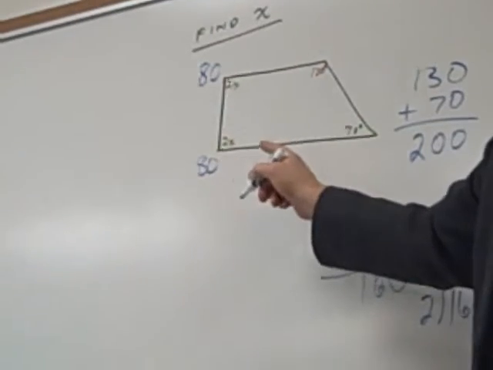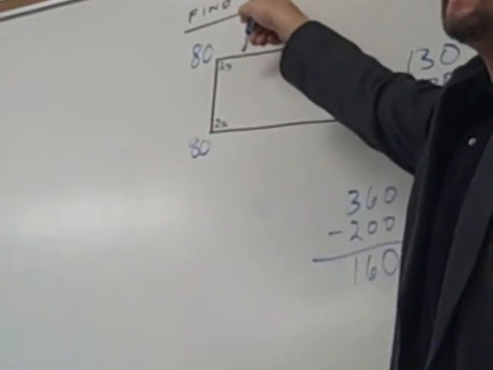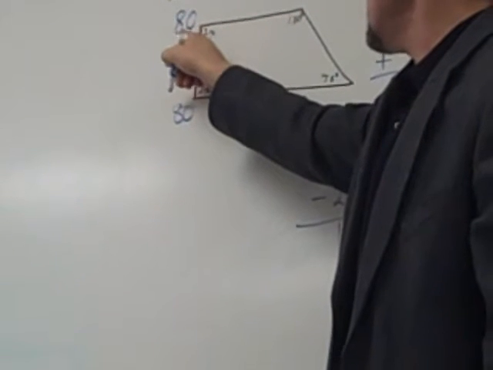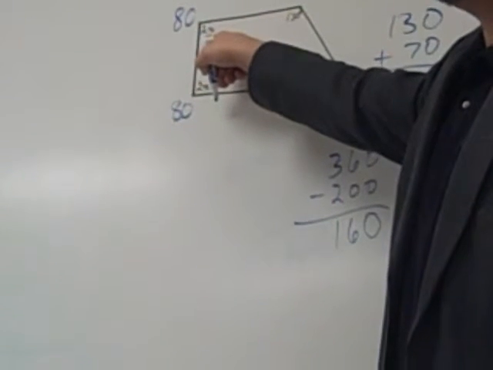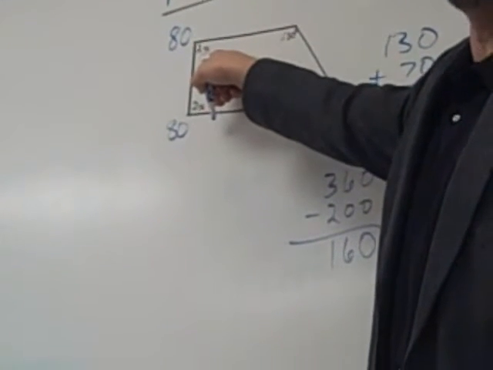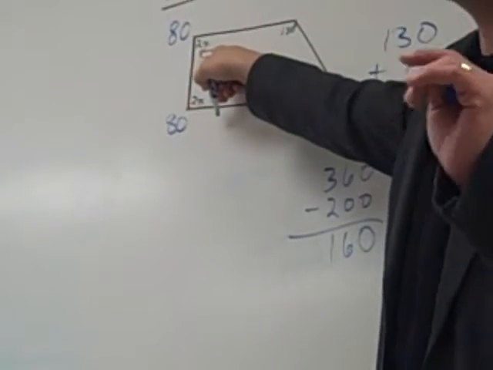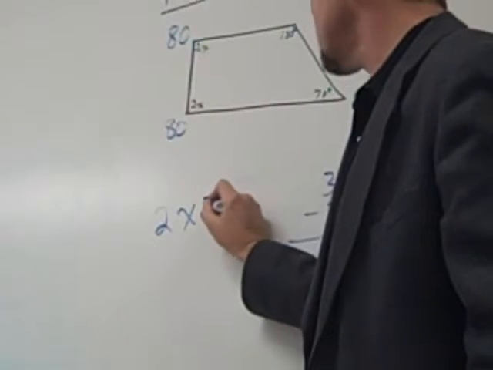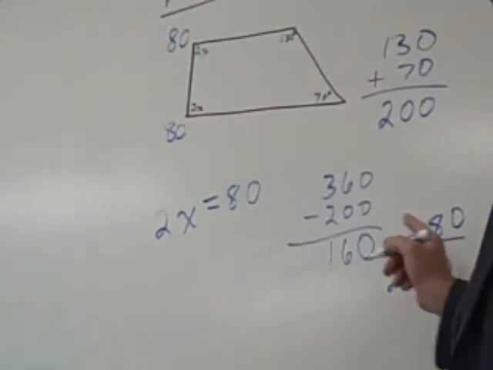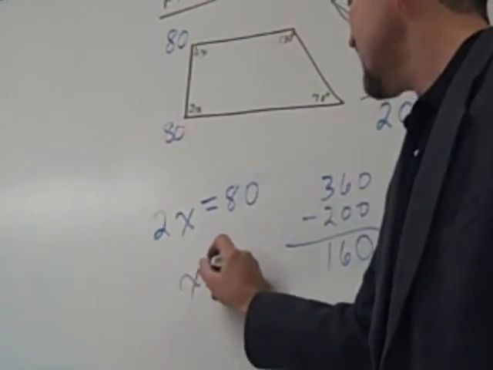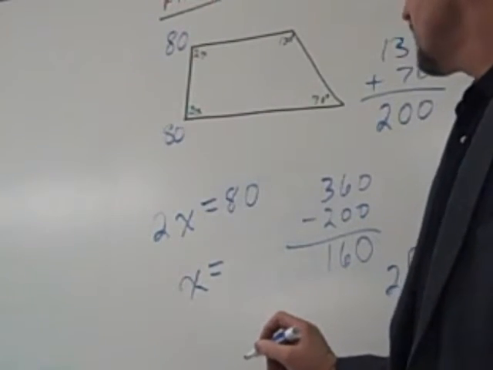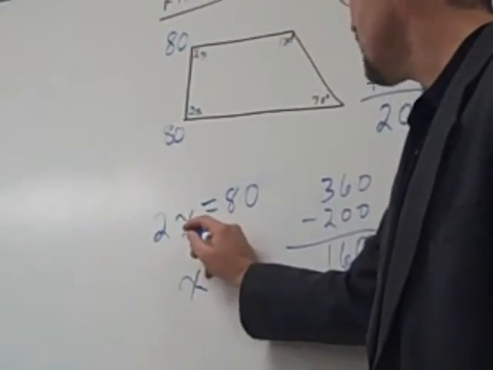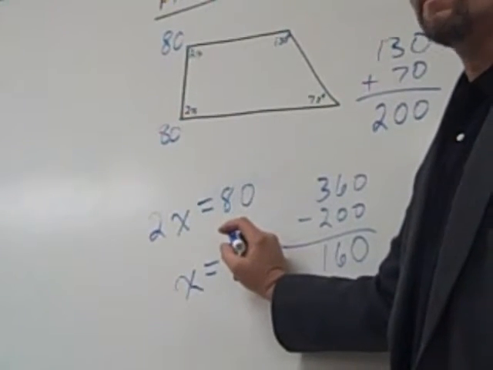But we're supposed to find out what x is. This angle is 80, but it's also said to be 2x. 2x has to be that 80 we found. So what is just x? 40. Only 2 or 3 saw that. 2 times something gives me 80. 40.